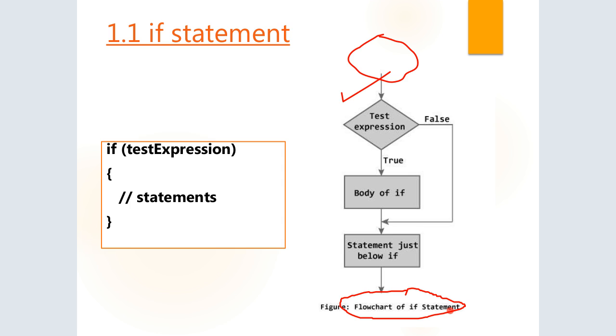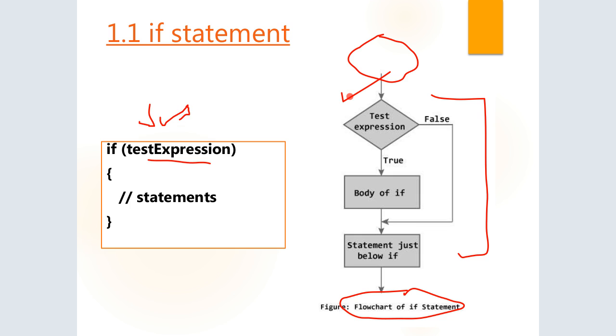But now the body of the flowchart is here. This is how an if else will operate. There's a condition to be tested, or the test expression, is here. So this is the syntax.